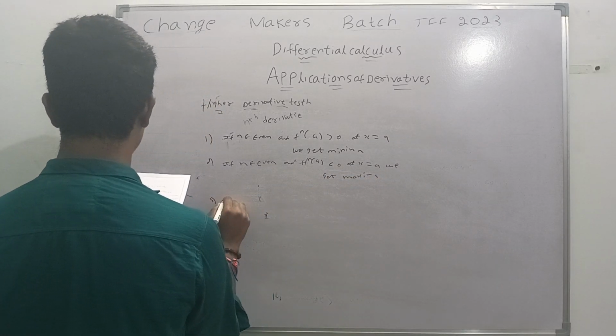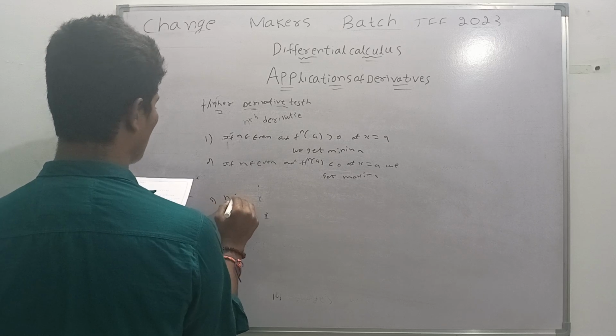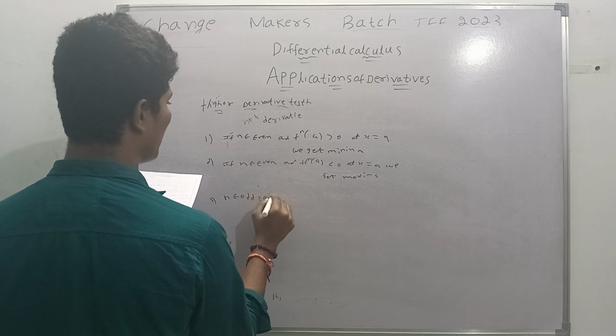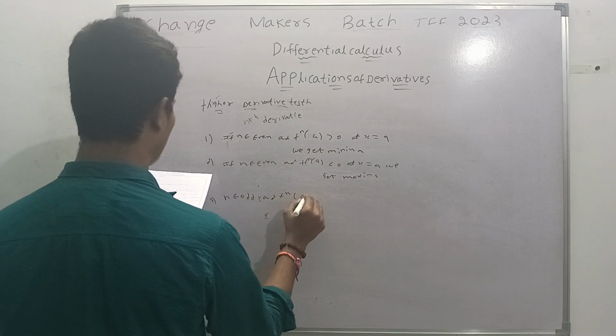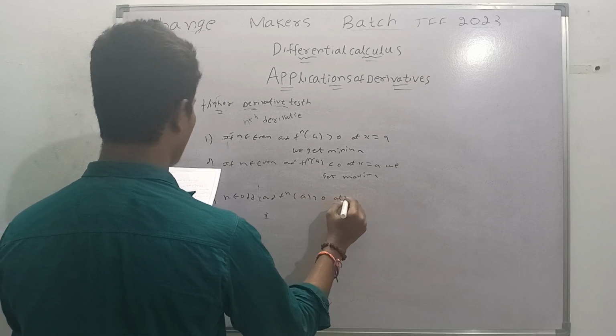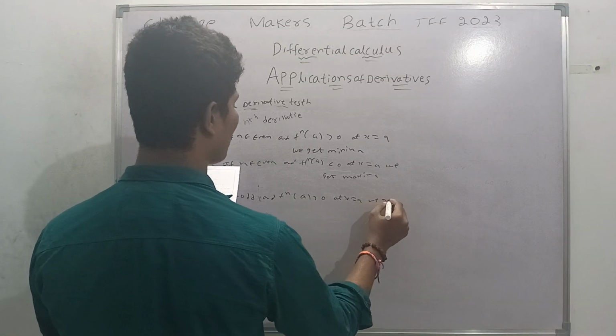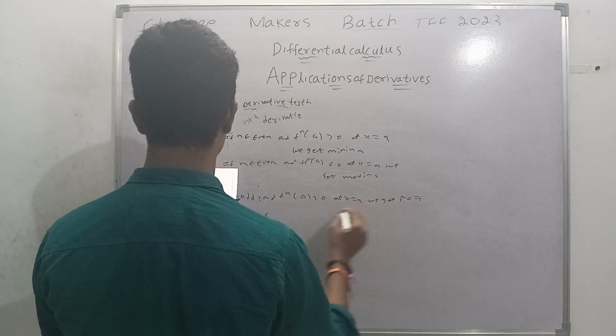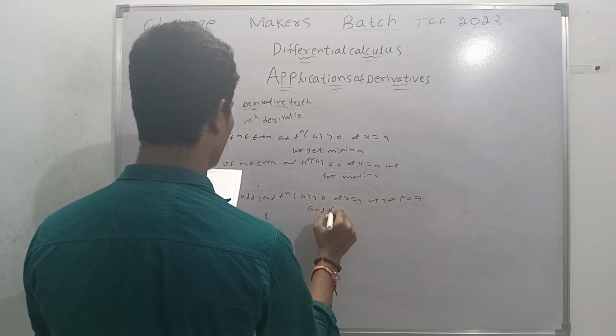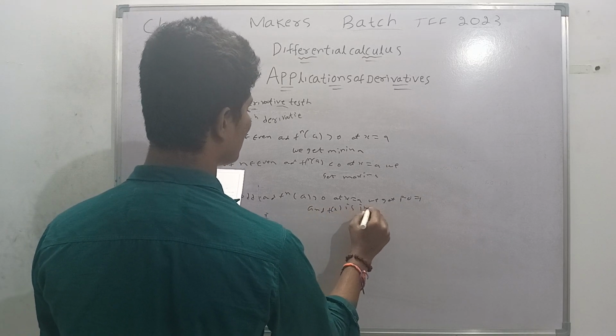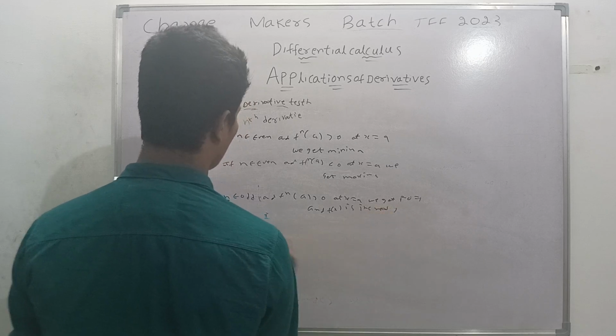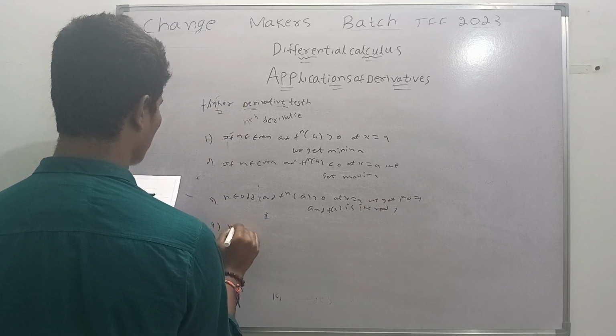And third, n belongs to odd and f of n of a greater than 0 at x equal to a, we get point of inflection. I will explain each and everything, don't worry. These are the important things. If you miss, it will be very difficult for you.